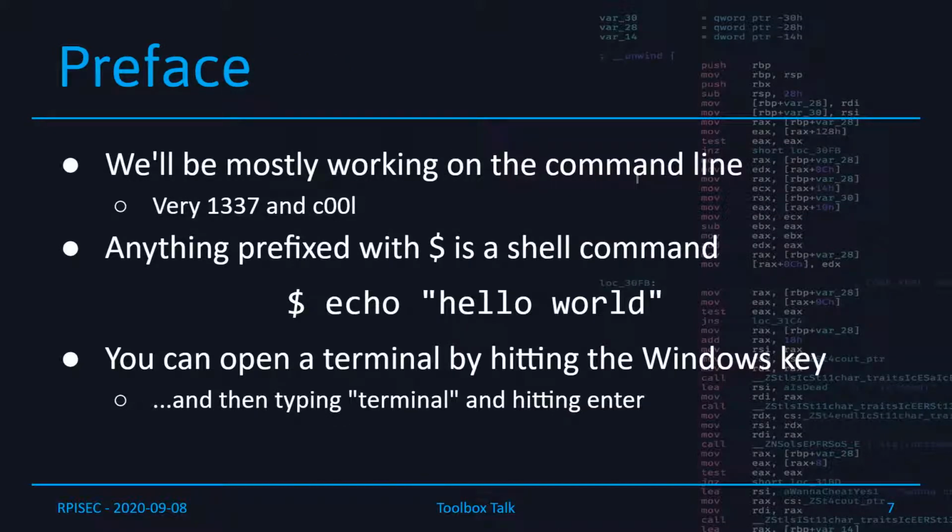Most of what we'll be doing today is going to be on the command line. Very elite and cool, as I think the kids say. For those unfamiliar, here's a notation to recognize: anything you see in this monospace text with a $ sign before it is a shell command. For example, echo hello world.